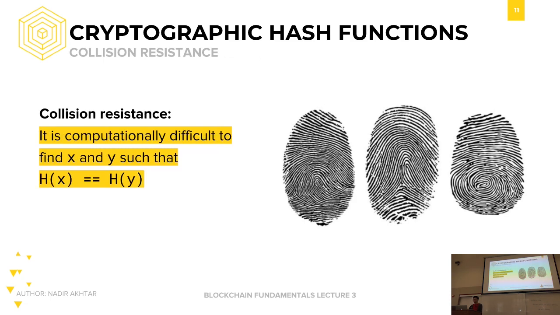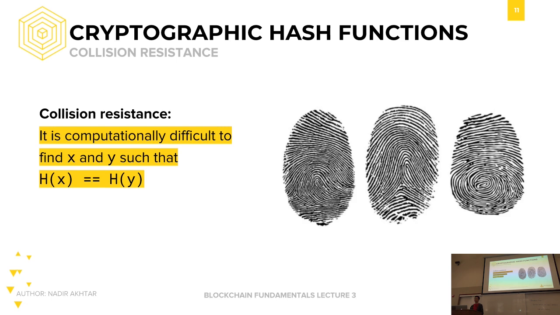When we're talking about collision resistance, the formal definition is, it is computationally difficult to find an x and a y such that the hash of x is the same as the hash of y. It might seem similar to the previous slide, to second pre-image resistance, but it's a more general case.